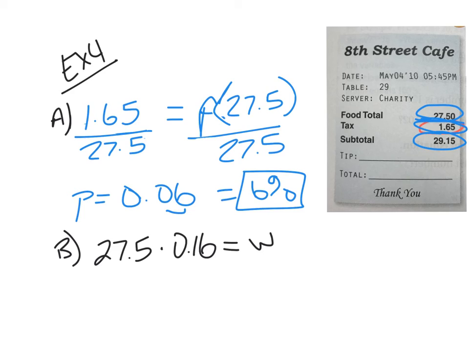This is how you create a tip. You know that, right? This is exactly how you do it. I'll tell you the shortcut here in a minute. Okay, 4.4, but we're talking about money, so we need to say $4.40.